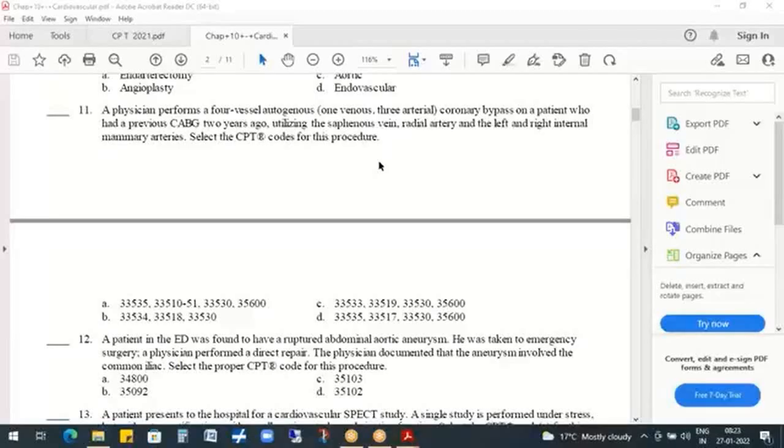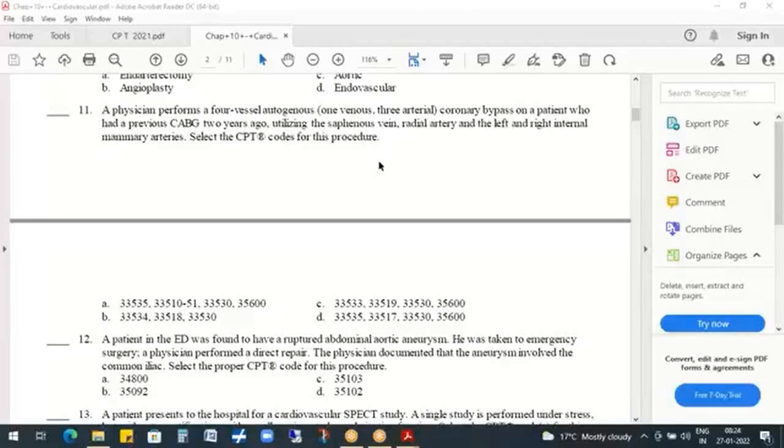Now, tell me, what are the points we need to look for when we are going to code a pacemaker or defibrillator? What is the type of machine? That means how many types of machines can they use? Two: pacemaker or defibrillator. That is the first point. Second point, number of leads placed.